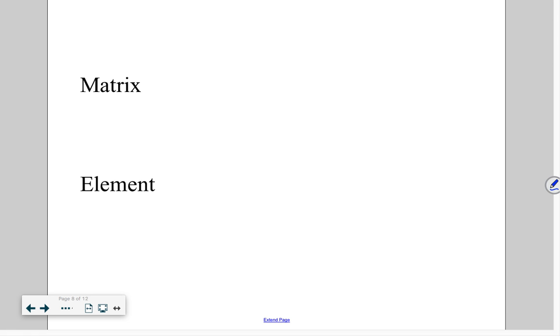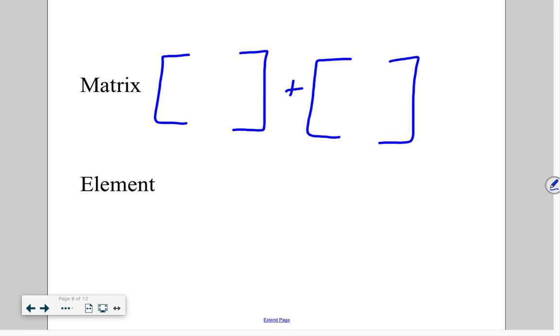I need you to draw this, a matrix. You're going to see these in your notes, and yes, it looks fancy. But it's simple to use. So in my matrix, each one of these matrices is like a table in itself, but the table is missing all of its labels.